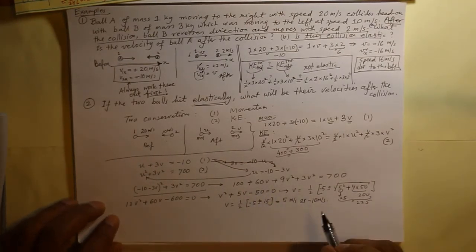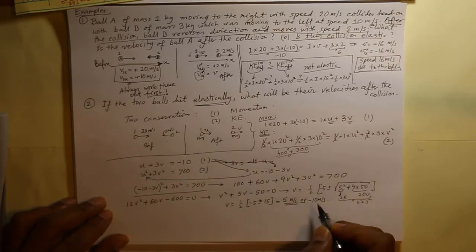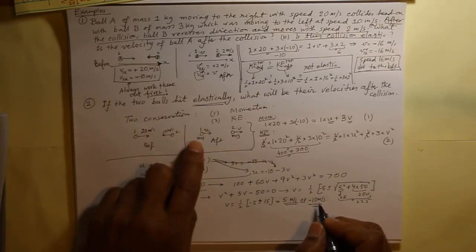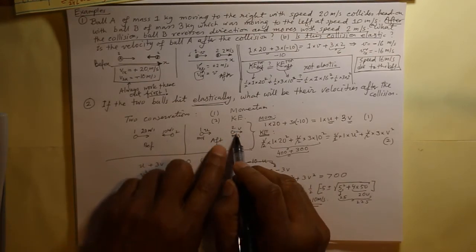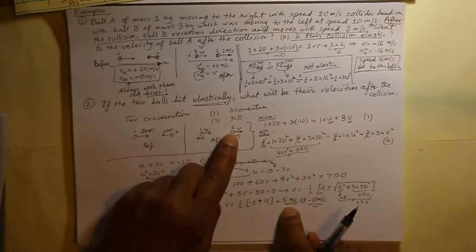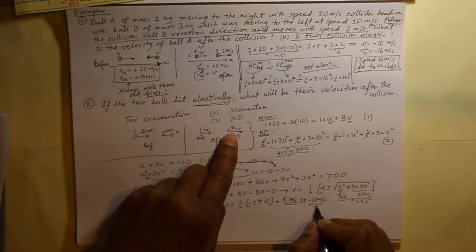So it's saying that if it goes this way, then it's 5 meters per second, and if v is the other way, it's minus 10 meters per second.